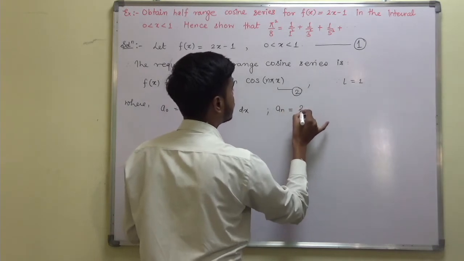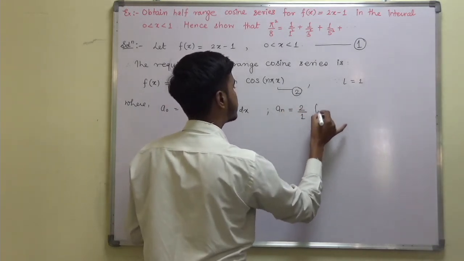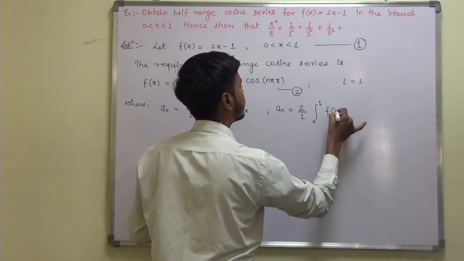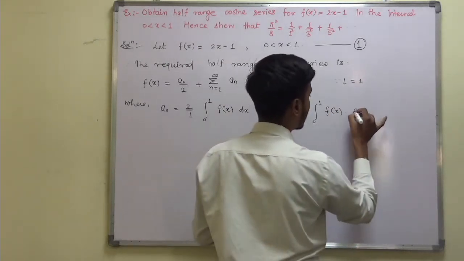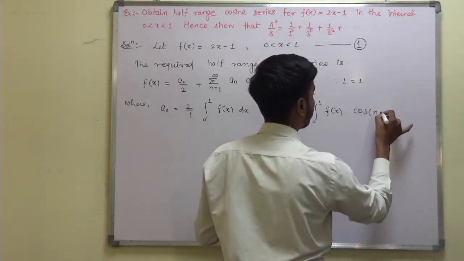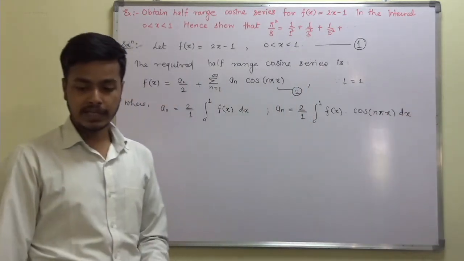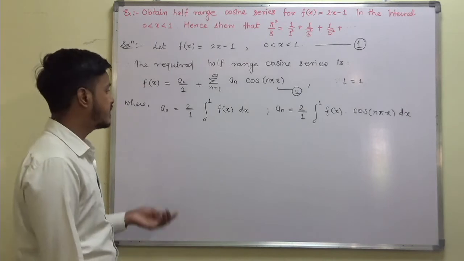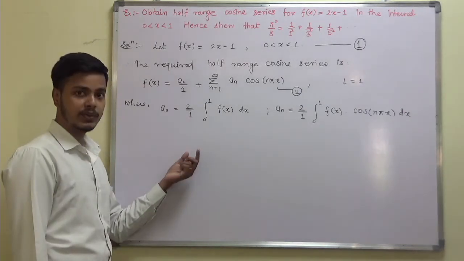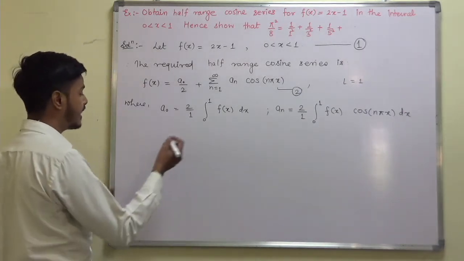An is 2 by 1 integration 0 to 1 f of x into cos n pi x dx. Okay, so this is what we have. So let us find out a0 and an.